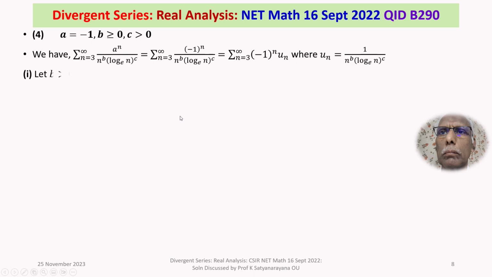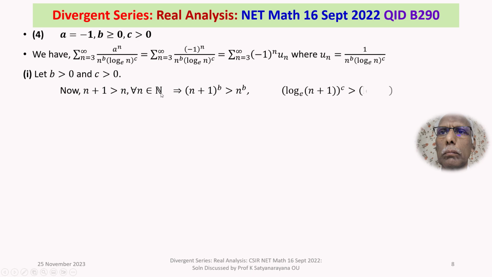So now take the condition. We have already taken a equal to -1, b greater than 0, c greater than 0. So n plus 1 is always greater than n for all n belonging to natural numbers. So b greater than 0, therefore (n+1)^b is greater than n^b.